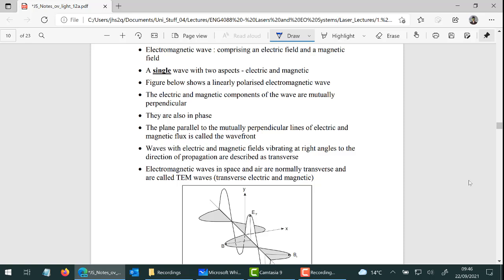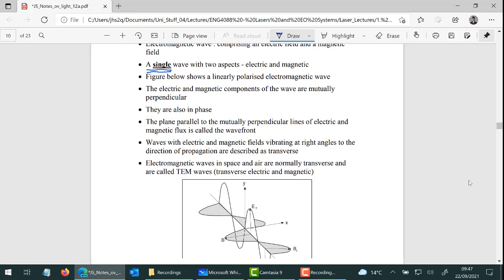It's not an electric field with a magnetic wave travelling alongside it. They are a single electromagnetic phenomenon which is travelling along in some direction. You can't have the electric part or the magnetic part independently, otherwise it's not an electromagnetic wave, obviously.